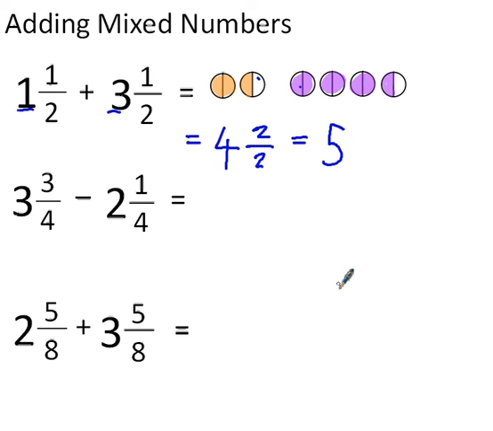Look at this diagrammatically. 1.5 plus 3.5. The 1 and the 3 wholes go together to make 4. Right, how are we going to do this?